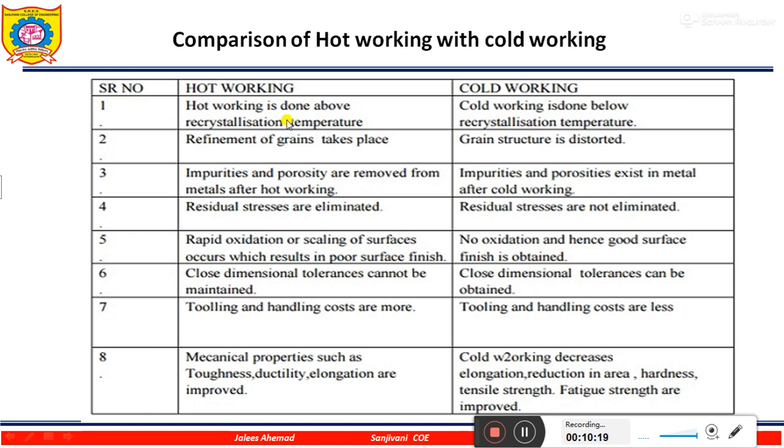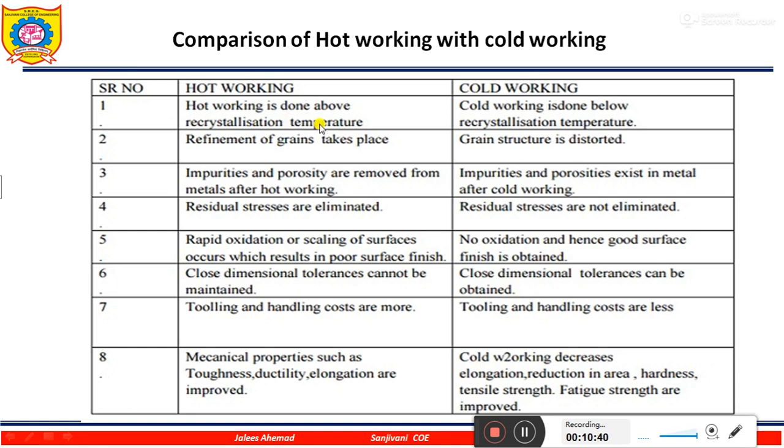Usually metals on a microscopic scale are made up of grain-like particles. At recrystallization temperature, if you impart enough force, you can easily change the size and shape of these grains, and this might make the metal more ductile and more stress relieved. Okay.